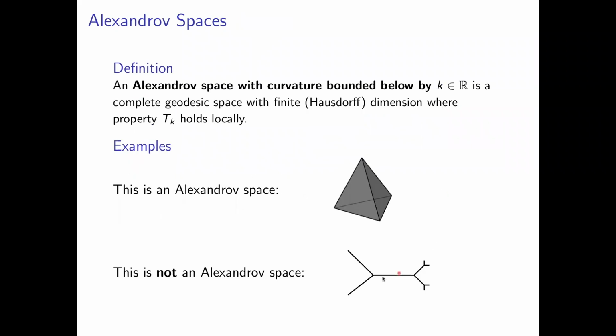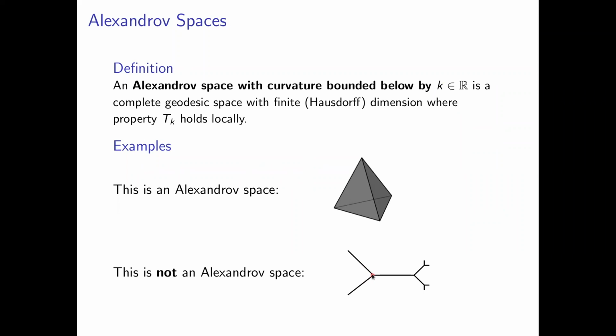Something that happens here that we do not like, at least in this talk, is that geodesics branch, right? You can come here with a geodesic and then continue in two different ways. But we know that this does not happen for Riemannian manifolds.